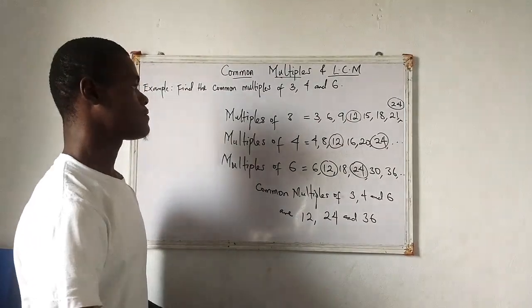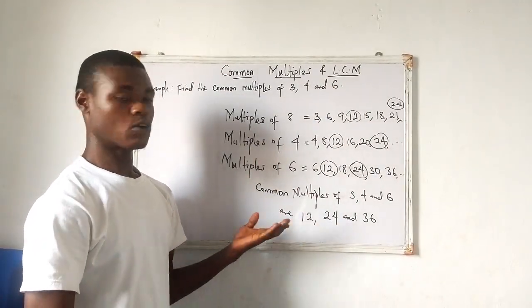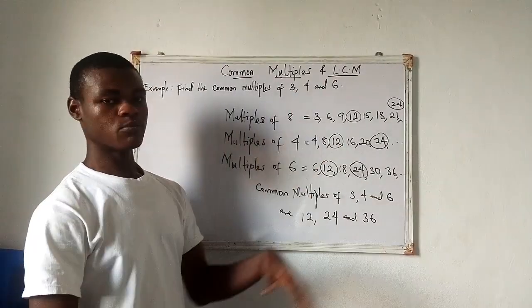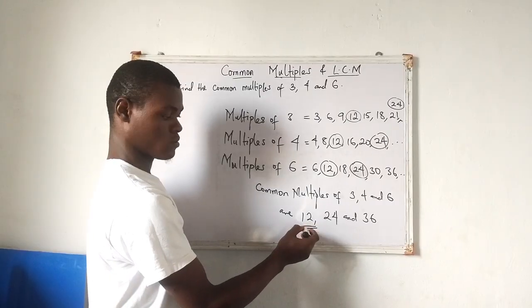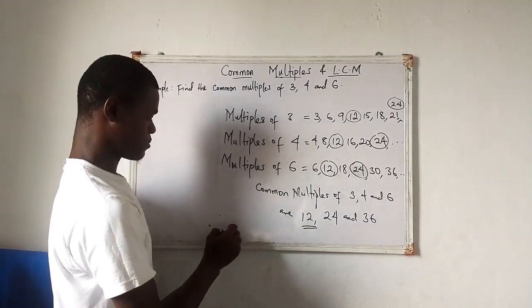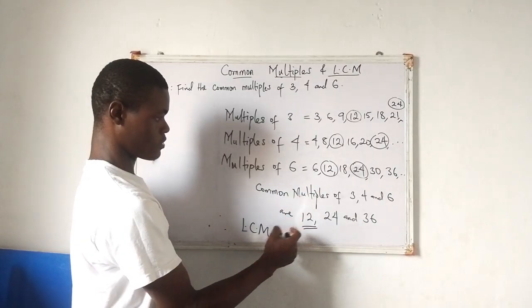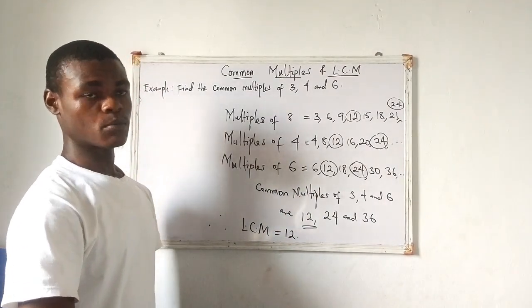Now, when you are told to find the lowest common multiple, it is very easy. That is the smallest of all the common multiples of this set of numbers. So the lowest common multiple is 12. The LCM of 3, 4, and 6 is simply 12. So it's very easy to find the common multiples of numbers.